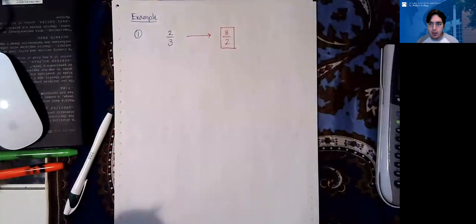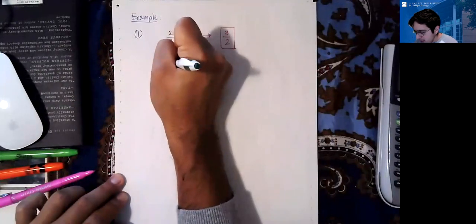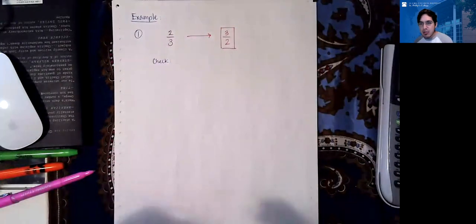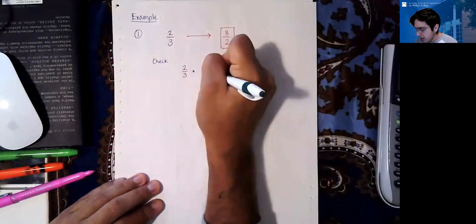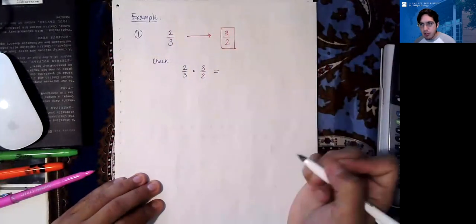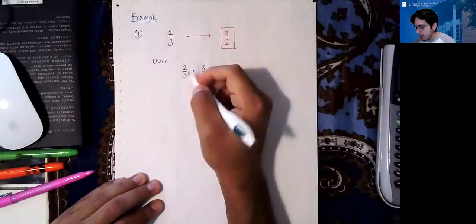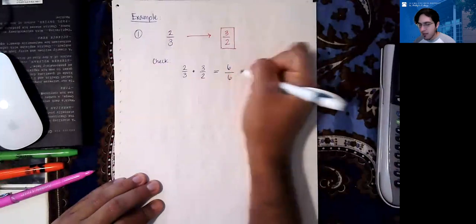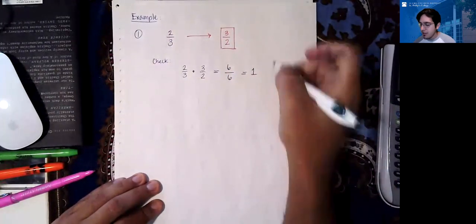And if you're not sure, you can always check by multiplying those out, because anything times its reciprocal is 1. So if we did 2/3 times 3 over 2, we multiply straight across. 2 times 3 is 6, 3 times 2 is 6, and 6 divided by 6 is 1. So that checks out.